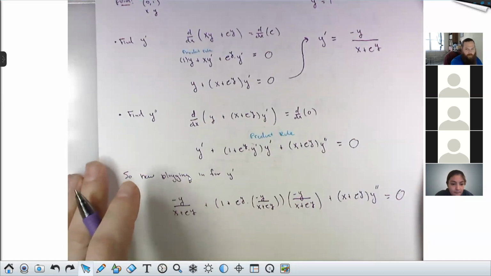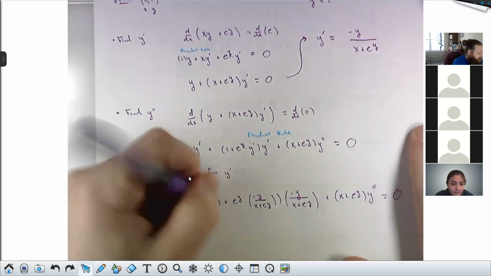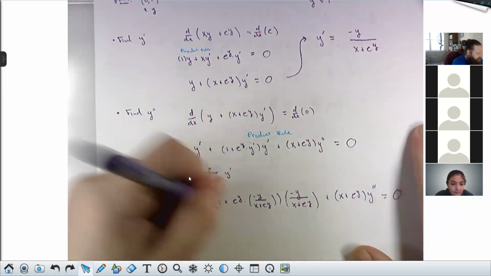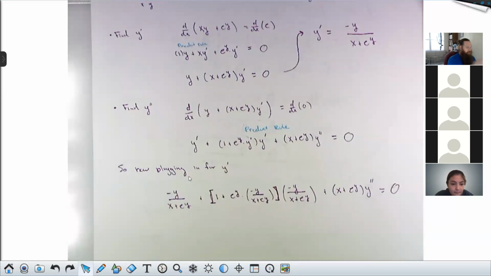Okay, now there's no more y primes, just y double primes and y's and x's. It's a bit messy looking, but that's okay.